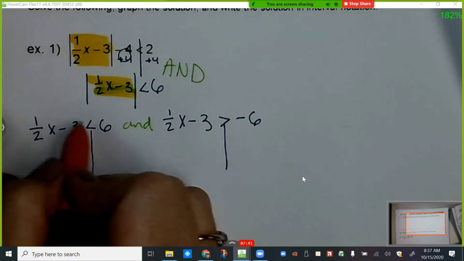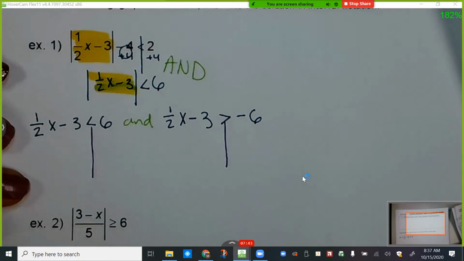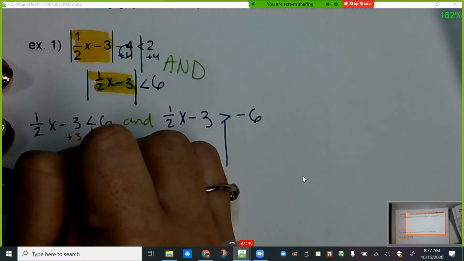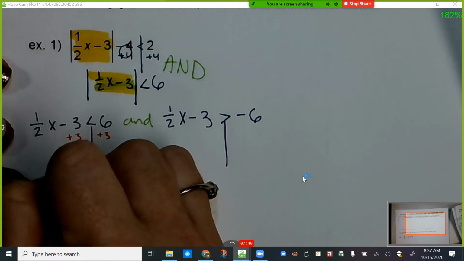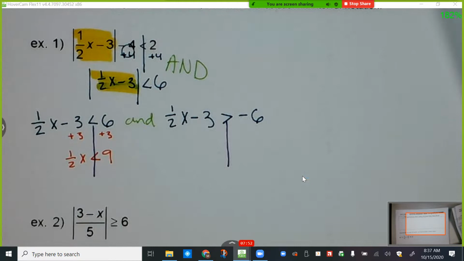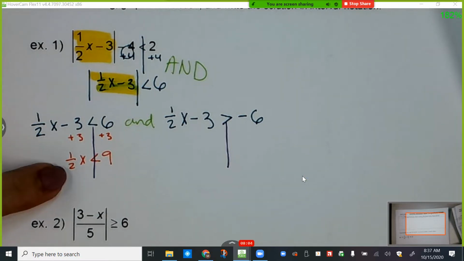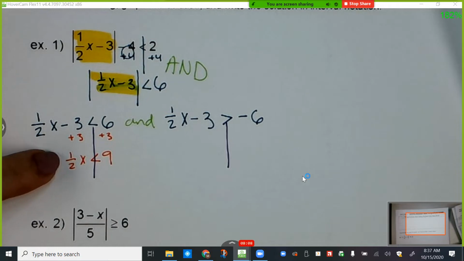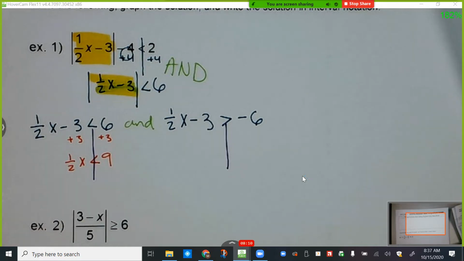How do I solve this? Add 3 to both sides, and I get 1/2 x is less than 9. Now, what does 1/2 mean? It's just 1 divided by 2. Does that 1 change anything? No. So this is divide by 2. How do you cancel divide by 2?